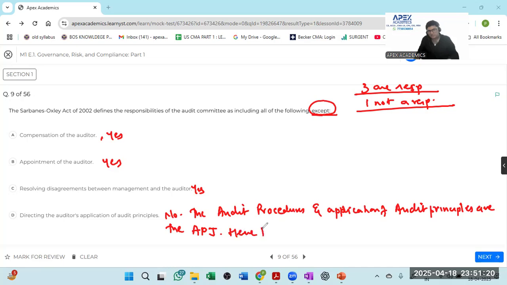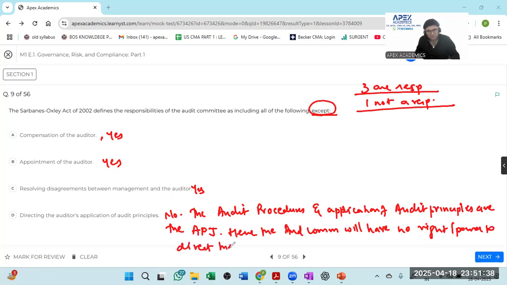Here, the audit committee will have no right or power to direct the auditor. So all of the following except, sir, D.